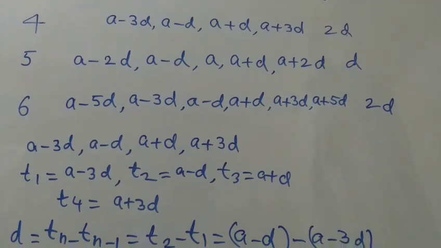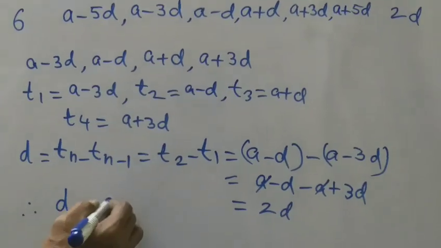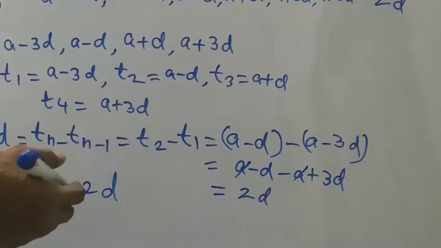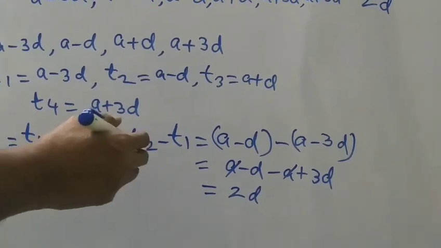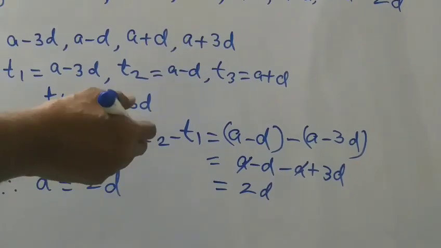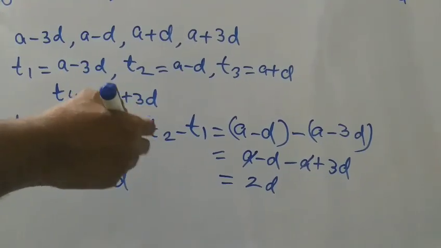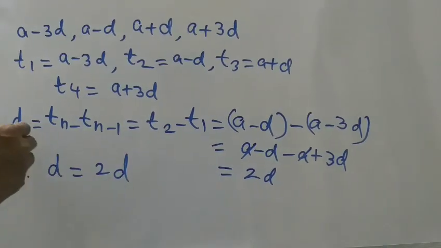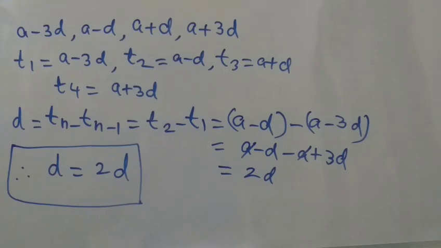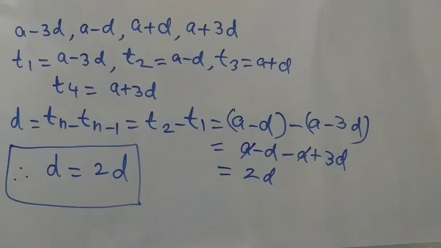The remaining terms are also the same. Here I am taking T2 minus T1, next T3 minus T2, next T4 minus T3, and so on. You will get the common difference d equal to 2d. So this is the explanation of the second one.